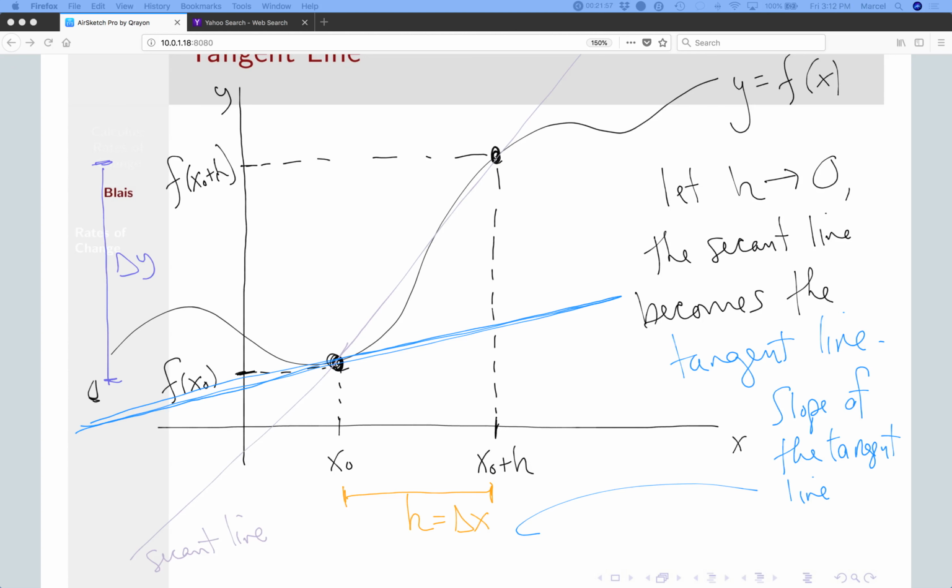is given by, we take that same difference quotient, but now we're doing the limit as the width of this interval goes to 0. But the difference quotient is the same. It's this delta y, and in this case our denominator we're writing as h.